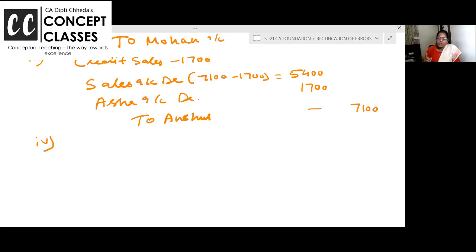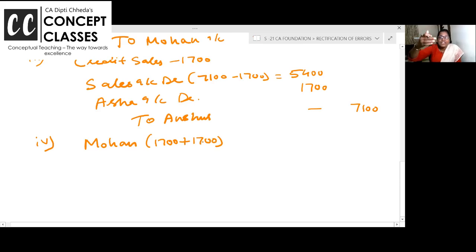Okay. You have sold the goods to Mohan. So Mohan account should be debited 1700 2 times. Why? Because you recorded it as purchase to Mohan. Mohan ko galti se you have credited 1700. So now you should debit with double the amount.